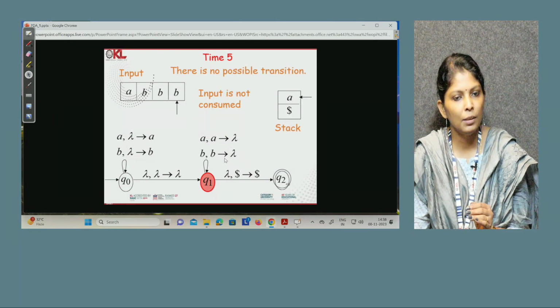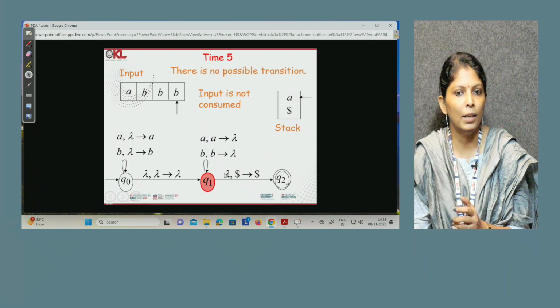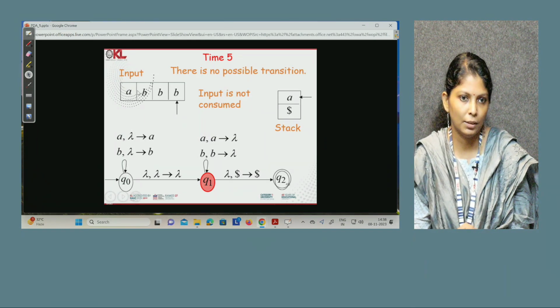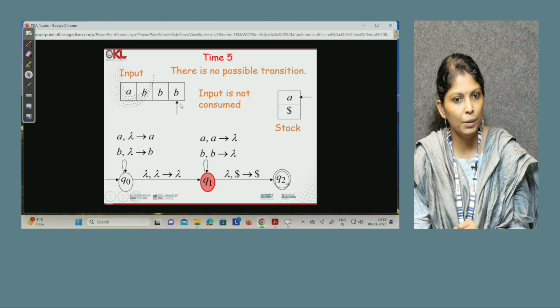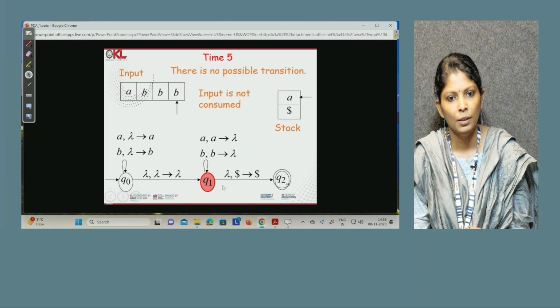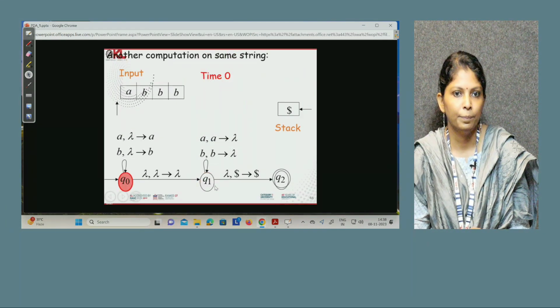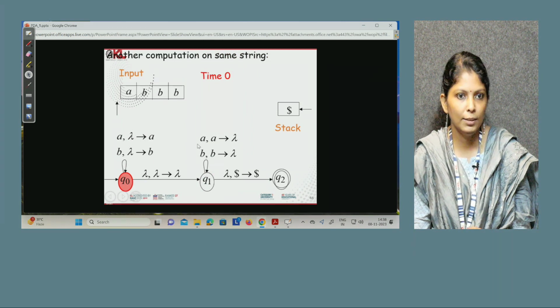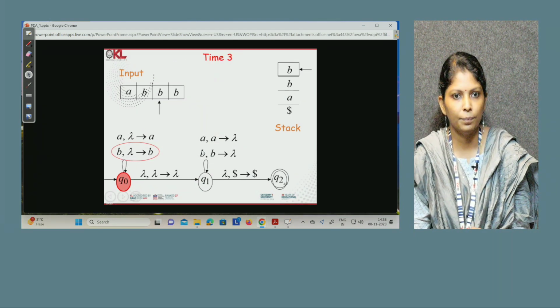That means that the machine will halt at Q1 and it will reject the current string. That is, A, B, B, B will be rejected by our machine by halting at Q1. That is the case.